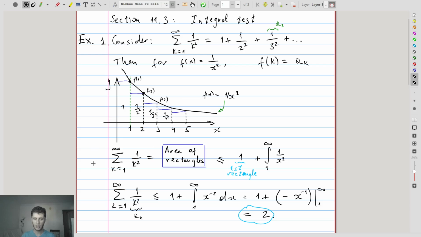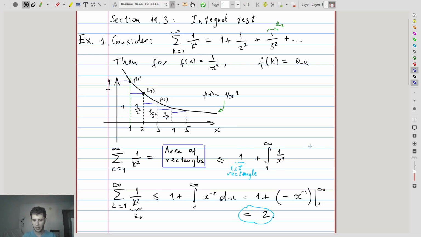So the sum of this infinite series is the area of all the rectangles under the graph of 1 over x squared, which is bigger by 1 than the area under the graph.